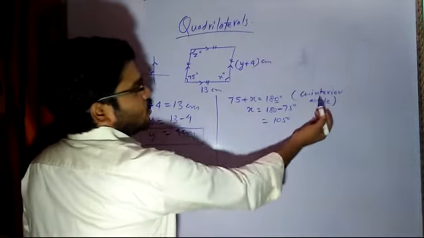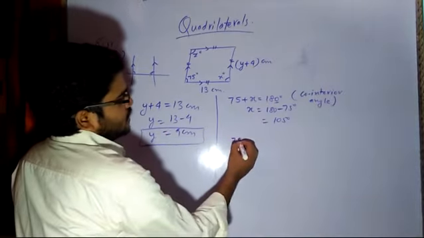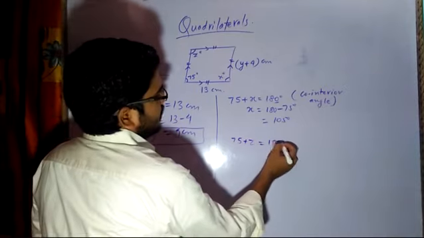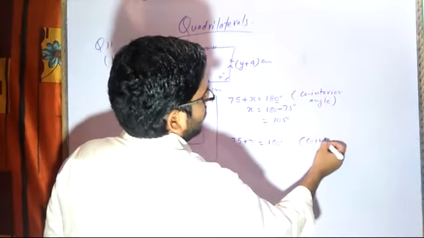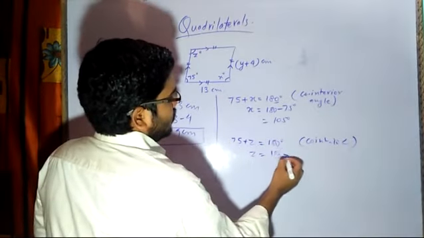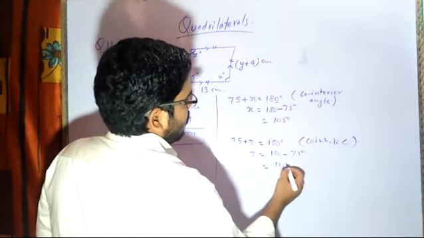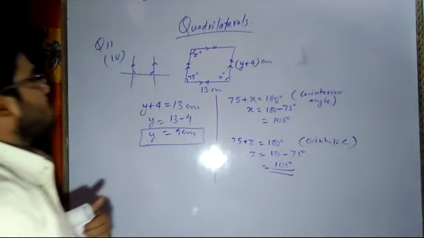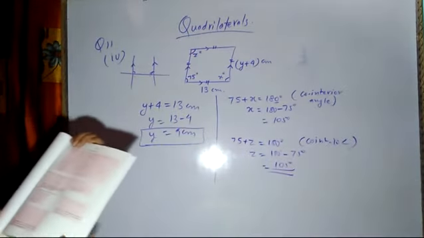Second, 75 plus z is equal to 180 degree, again co-interior angle, so z is 180 minus 75, that means 105 degree. In this way, we have solved question number 11, subpart 4.